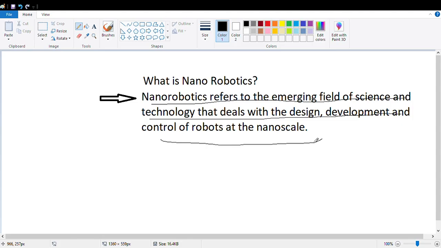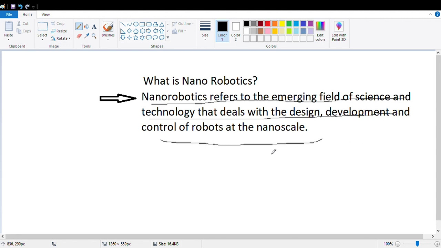So I guess you're getting the idea that these might be the smallest robots in the world. Yes, guys, you're on the right track. These are probably one of the smallest robots in this world, and they're made to control functions and perform tasks on nanoscale.